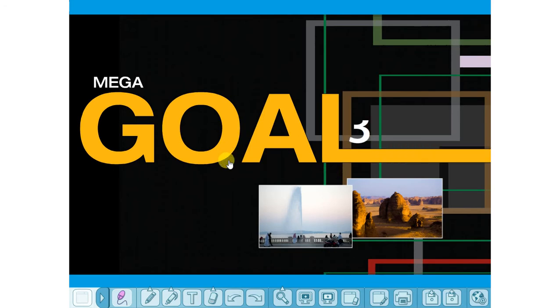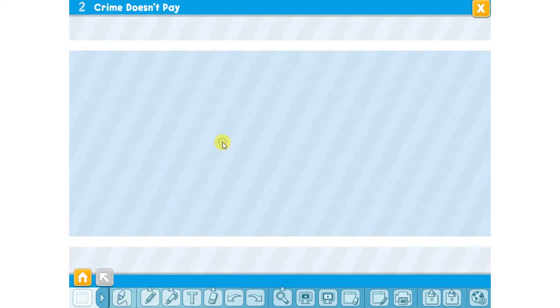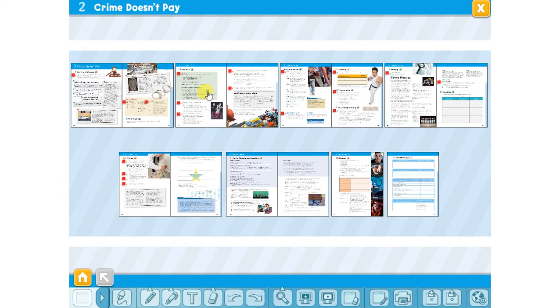Mega Goal 3, Unit 2, of course, page 22.